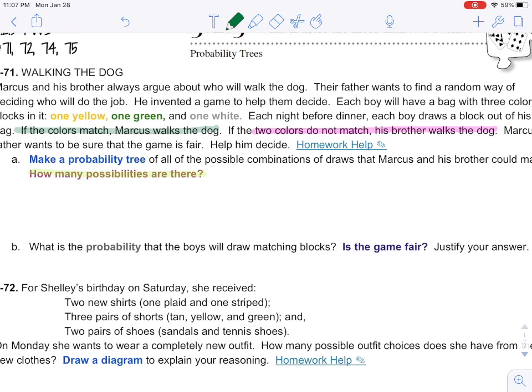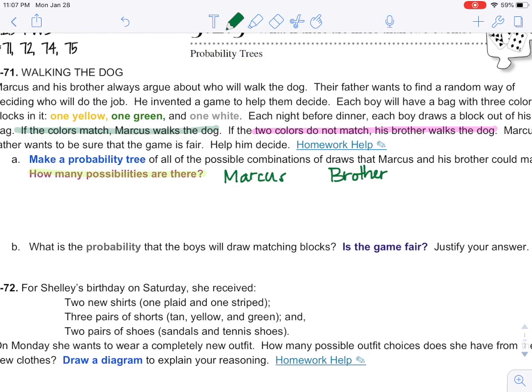Make a probability tree. The probability tree starts with the first choice. It looks like Marcus may get the first choice, so I'm going to start with Marcus's choices, and then we're going to go with his brother. Whatever Marcus draws and then his brother draws, they should either be matching or unmatching.